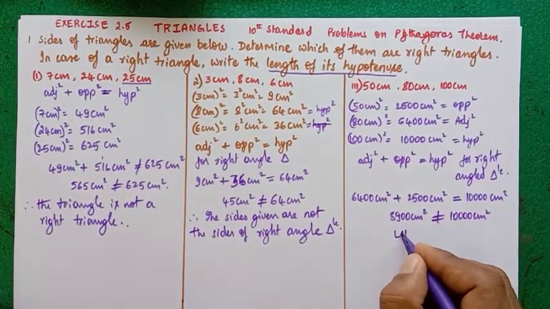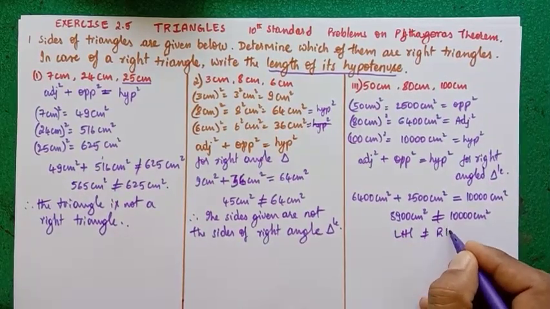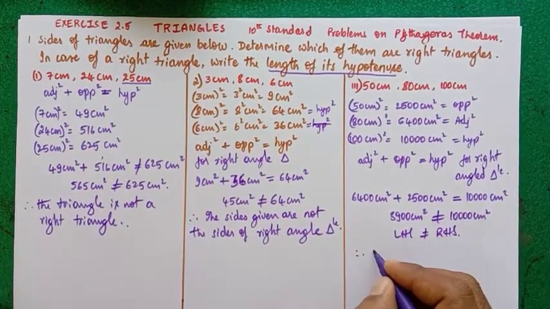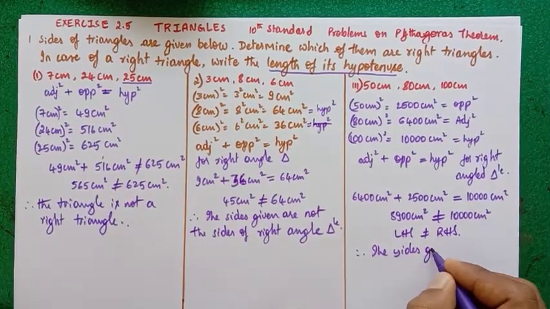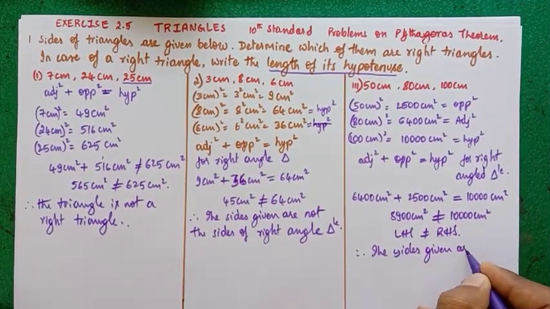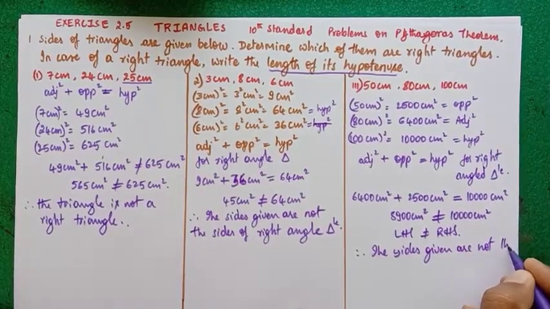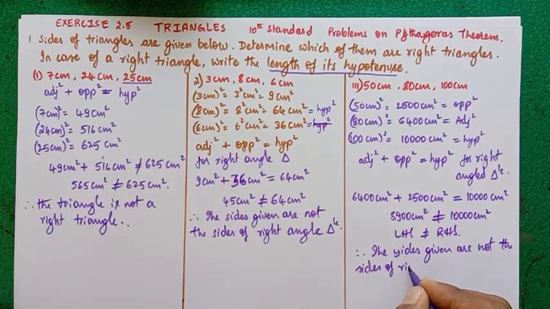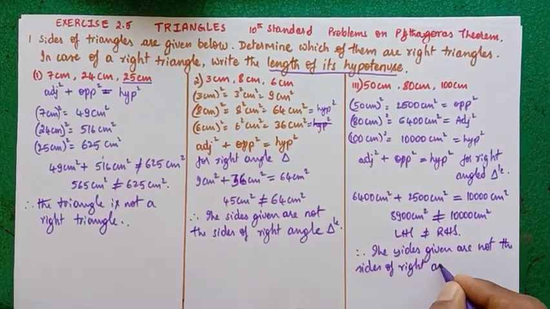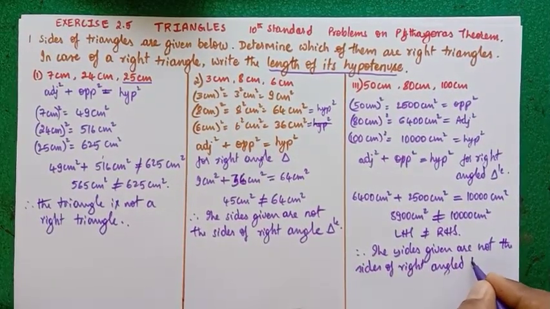So LHS does not equal RHS. Therefore, the sides given are not the sides of a right angle triangle.